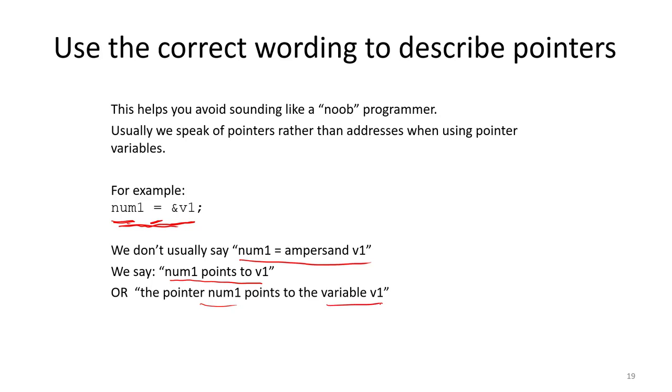This is a very subtle thing, but if you get in the habit of using the more articulate language, it will make you sound like a more experienced programmer and hopefully also help you understand what each line of code is doing. So do the best you can to use this more precise language when talking about pointers.